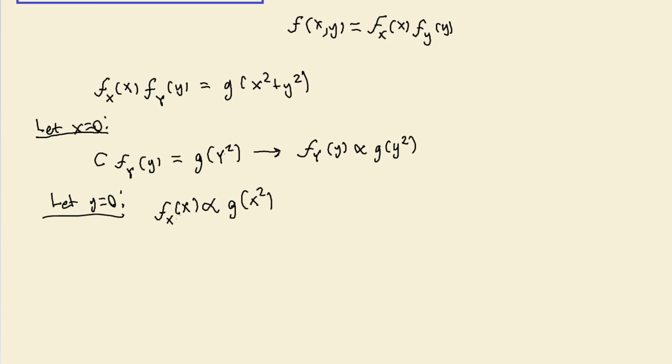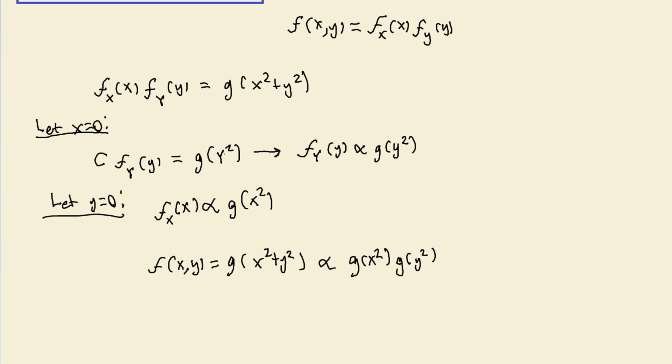And what do we know about the product of these marginal probability density functions? They're going to give us our original probability density function. And so what we know from this is that the function that we're after here, f of x y, which we also know is equal to g, this function that we defined as g of x squared plus y squared, is going to be equal to this one, which is proportional to g of x squared multiplied by g of y squared.